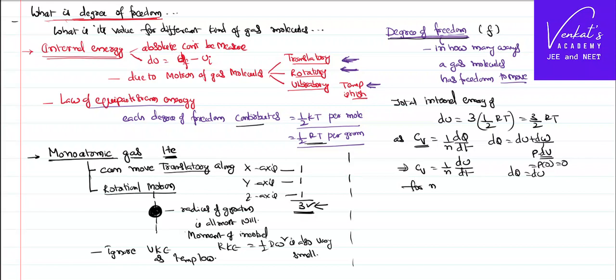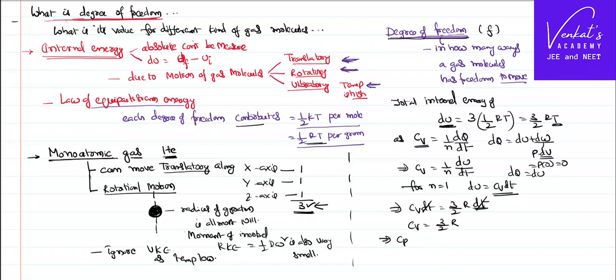For 1 mole, n equal to 1, du equal to Cv dT. So if you substitute that value here, Cv dT becomes 3 by 2 R as you are writing in terms of change in temperature. This T can be also written like dT. So Cv can be written like 3 by 2 times R.